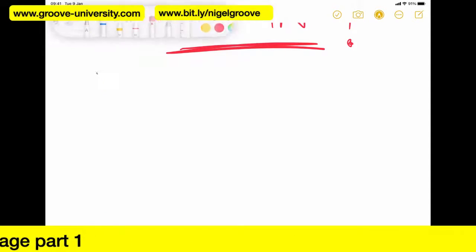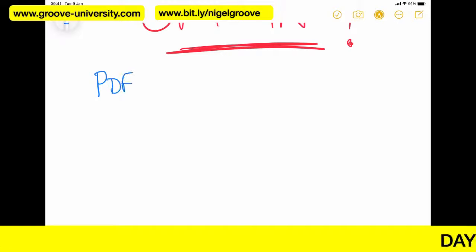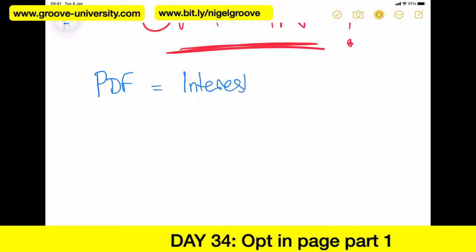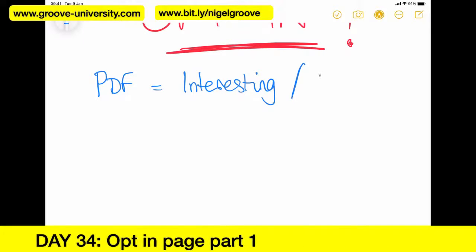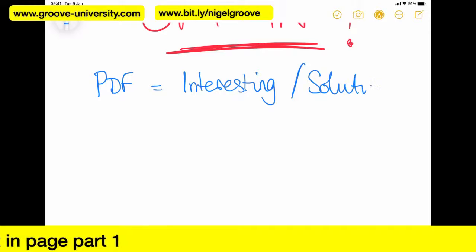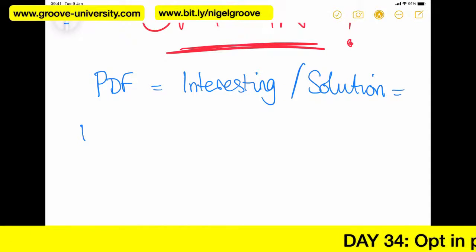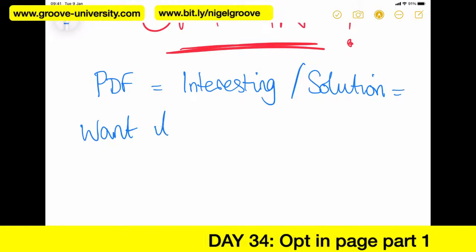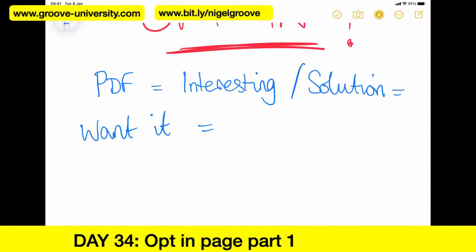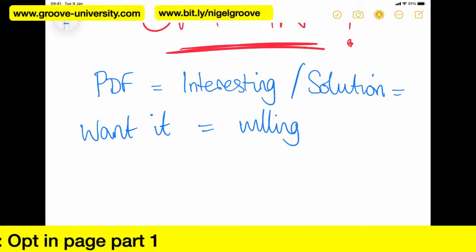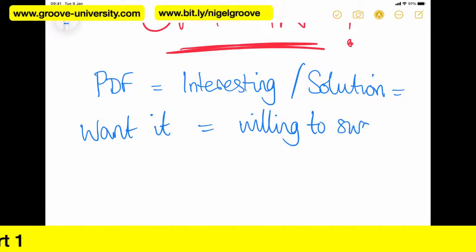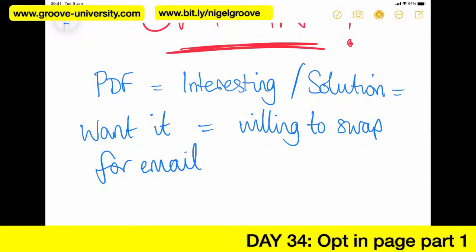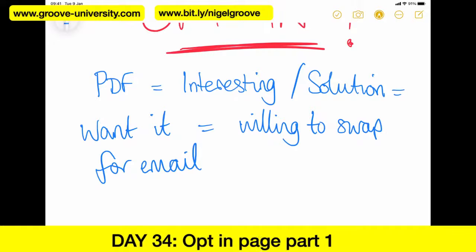We've said a PDF equals interesting, or potentially a solution, which equals want it, which equals willing to swap for my email.